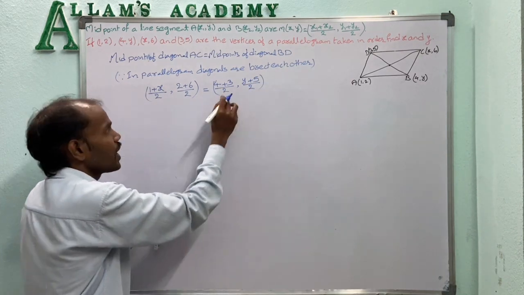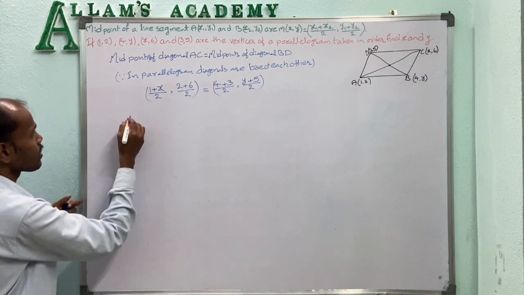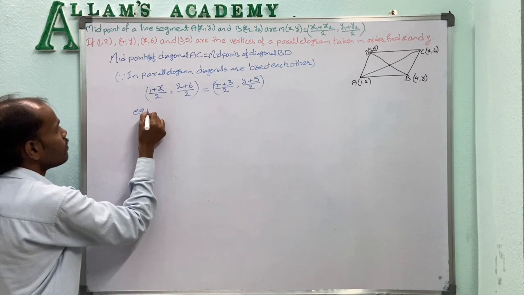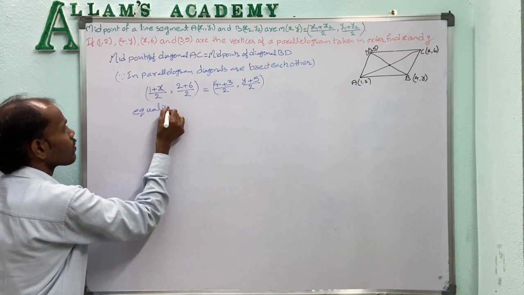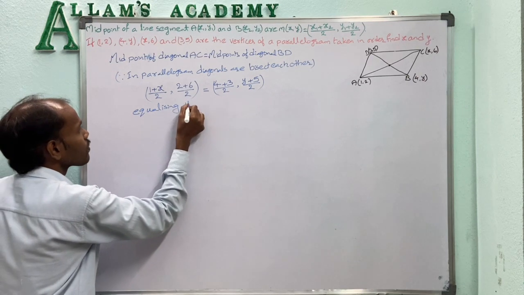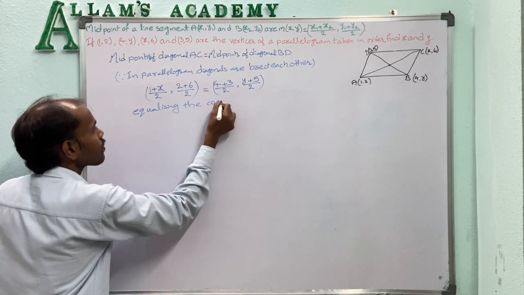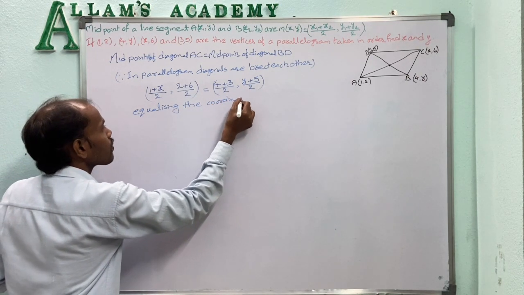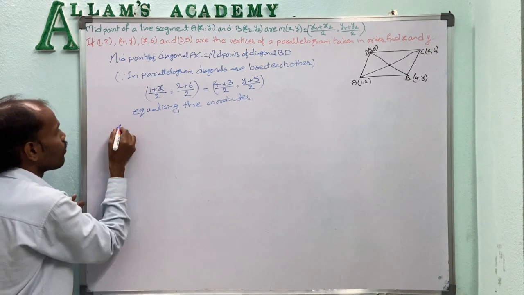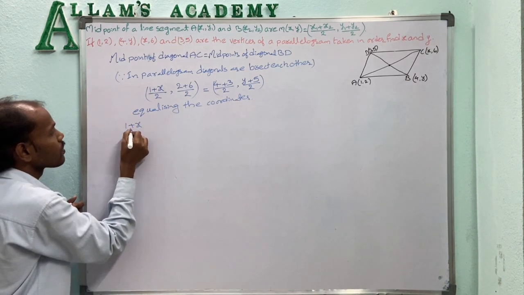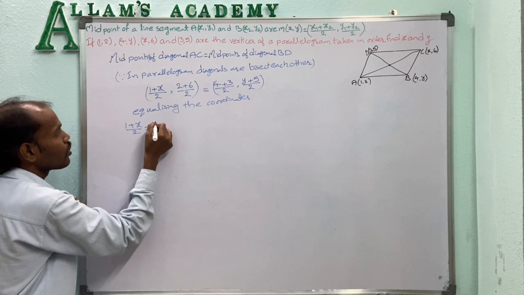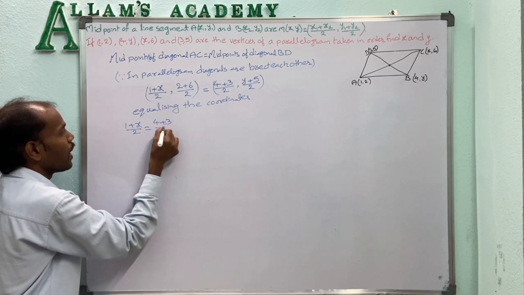Now if we equate the coordinates, (1 plus x) by 2 is equal to (4 plus 3) by 2.